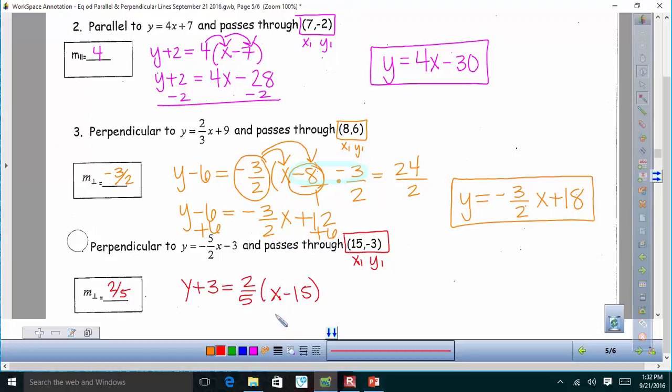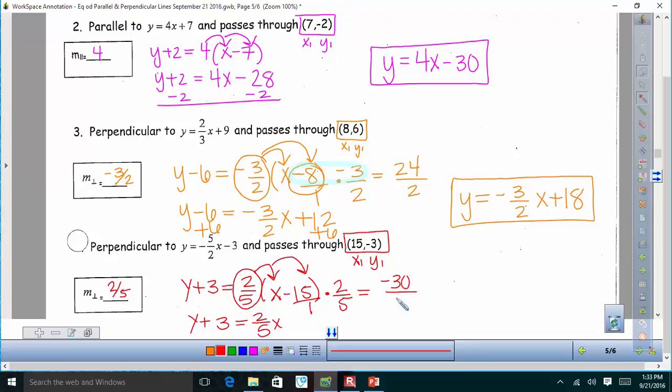Okay, from here, what will we do next? Very good. We distribute our 2/5. So I'm going to rewrite y plus 3 equals 2/5 x. Then I'm going to multiply. I'm going to make this 15/1 times 2/5. I know -15 times 2 is -30.